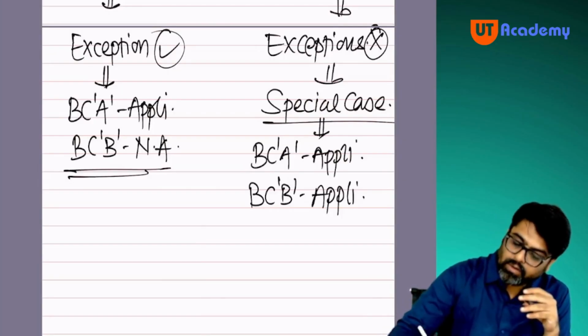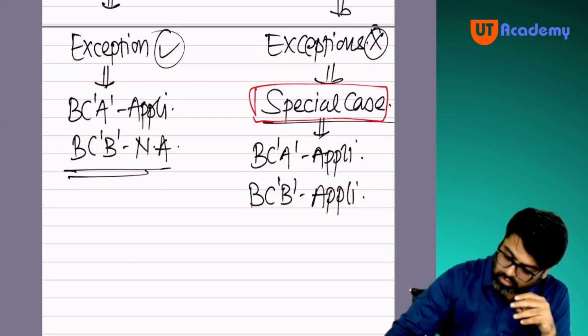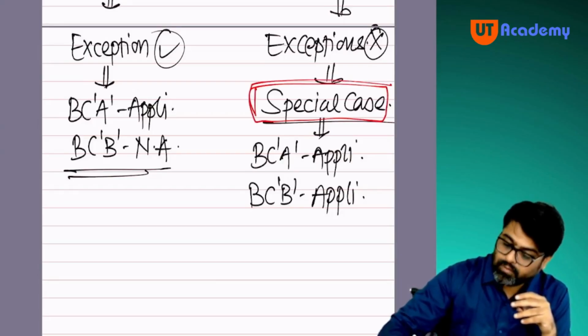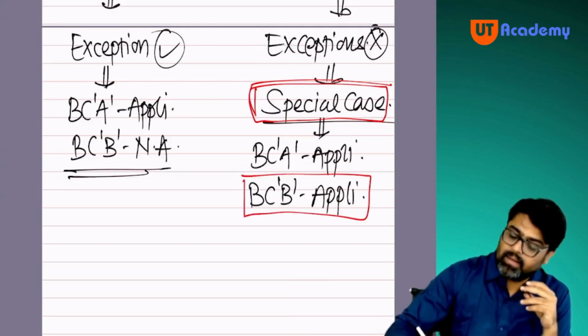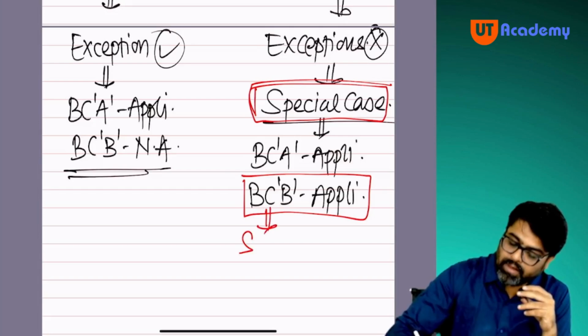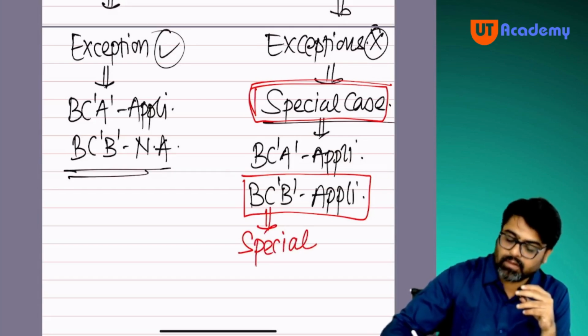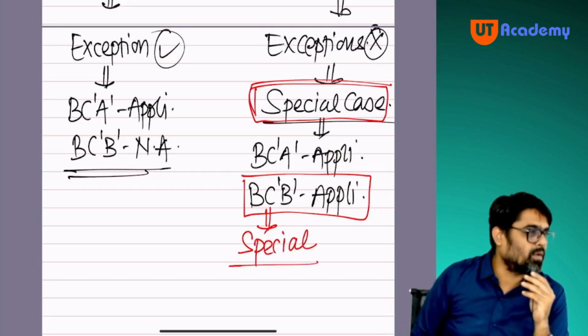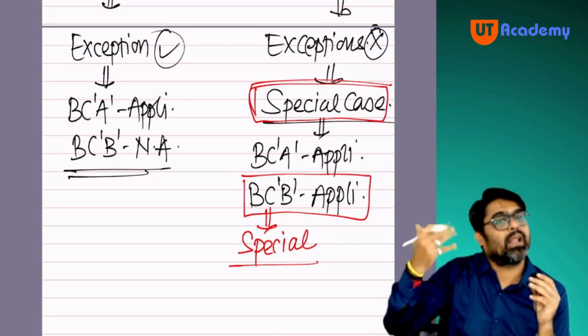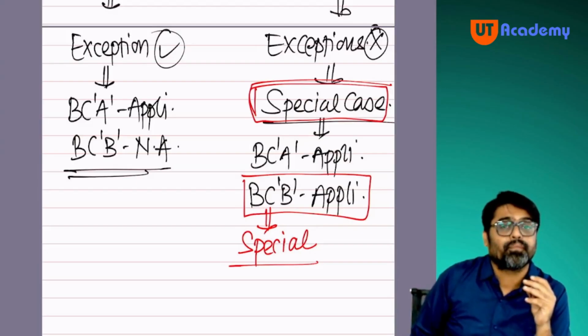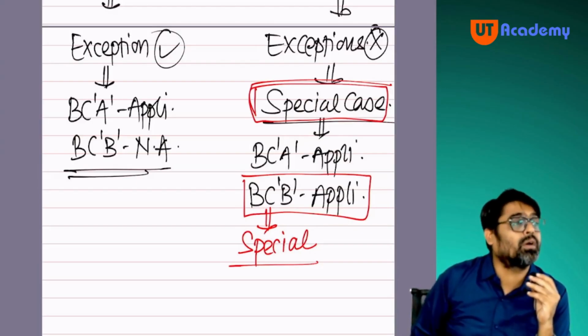And now, since you are a special case, we are making basic condition B applicable, but basic condition B will also be special. What was the basic condition B? Do you remember? Current year stay should be 60 days or more, and last 4 years the stay should be 365 days or more. Yes or no?